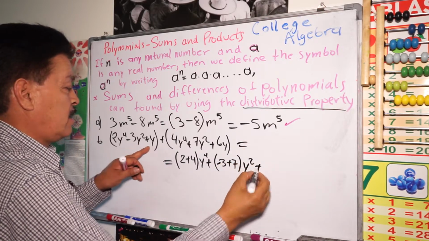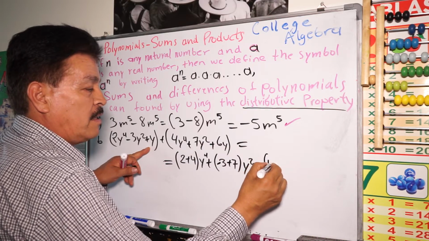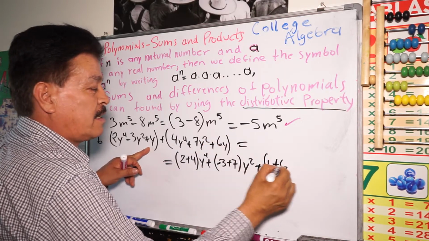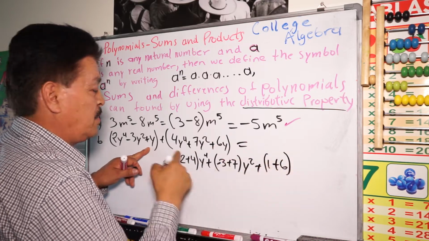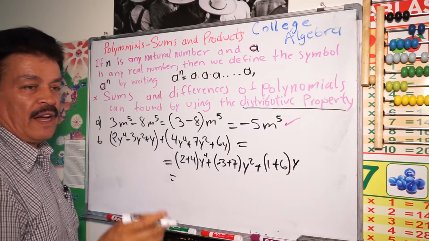plus here the coefficient is 1, just write 1, plus 6, it is 6 times y. It's going to be simplified.